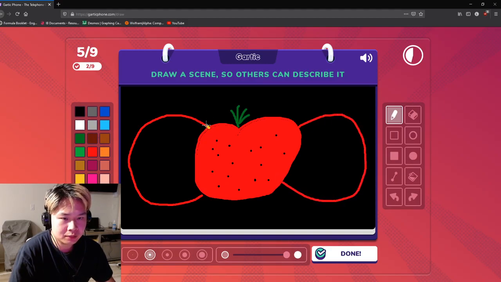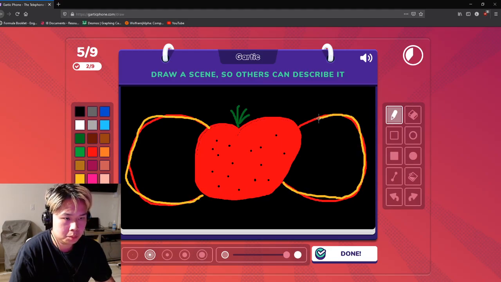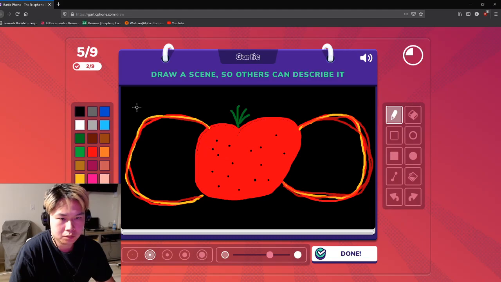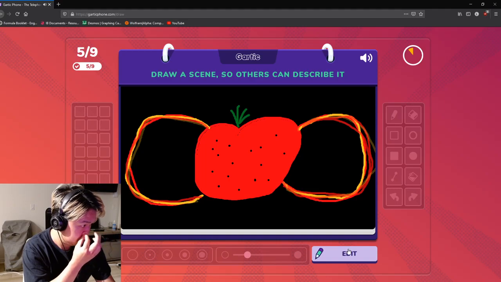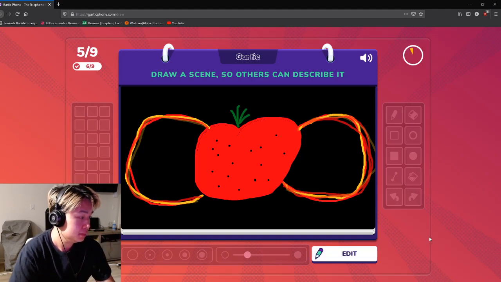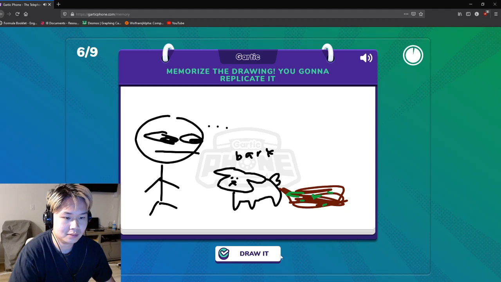I don't know what I'm drawing. Kind of what happened? Why is it green?